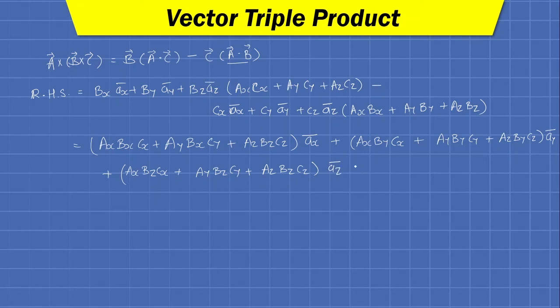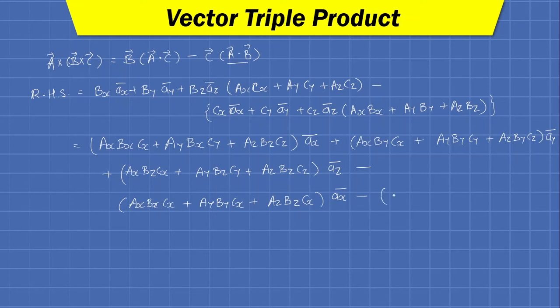Now the same mathematical operation will be carried out for the second term. So after applying the minus sign to each, we will have AX BX CX plus AY BY CX plus AZ BZ CX AX bar. Sorry, not plus, here it will be minus because we will simultaneously apply the minus sign to each term.